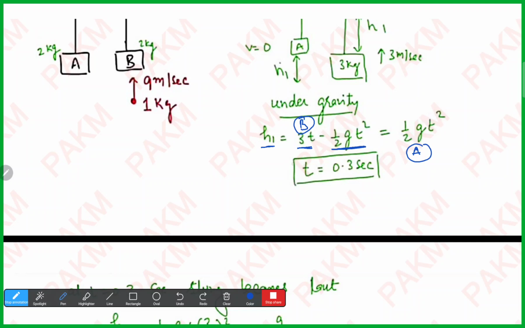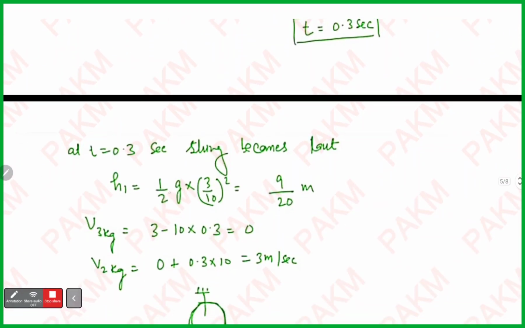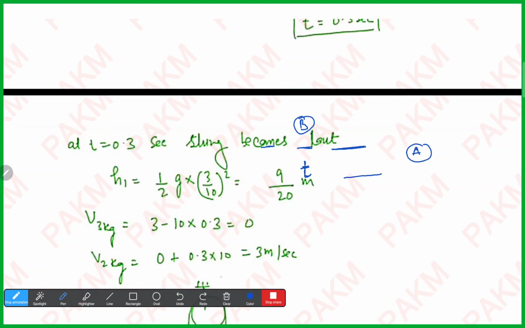By this way we can get how much time it takes for the string to become taut once again. After impact the string gets slackened, fine. So after 0.3 seconds, the string becomes taut, the string becomes taut once again. I thought you are getting the point.